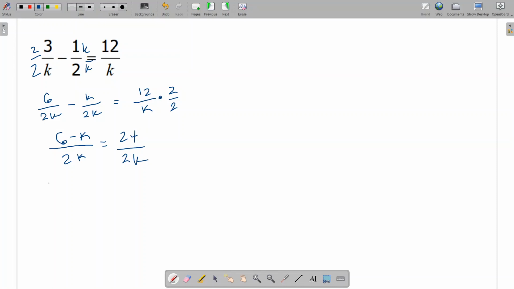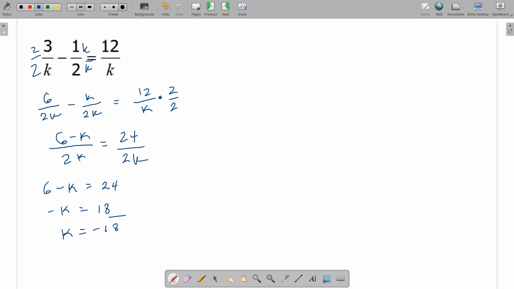So we're going to get 6 minus k equals 24. Let's subtract that 6. Divided by that negative 1. And we get a single solution here of negative 18.